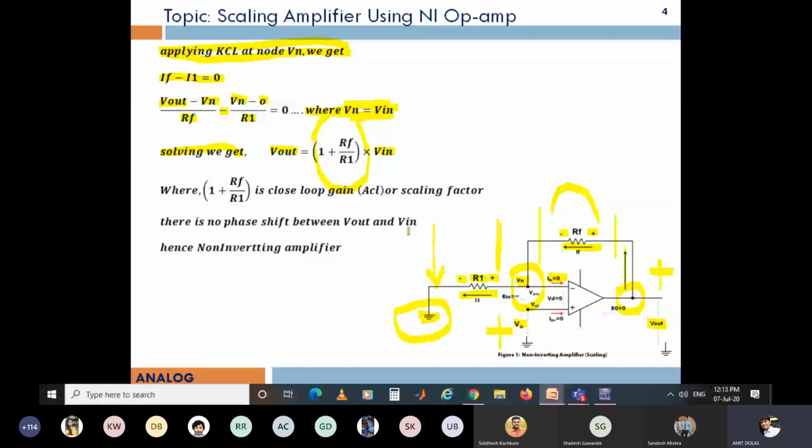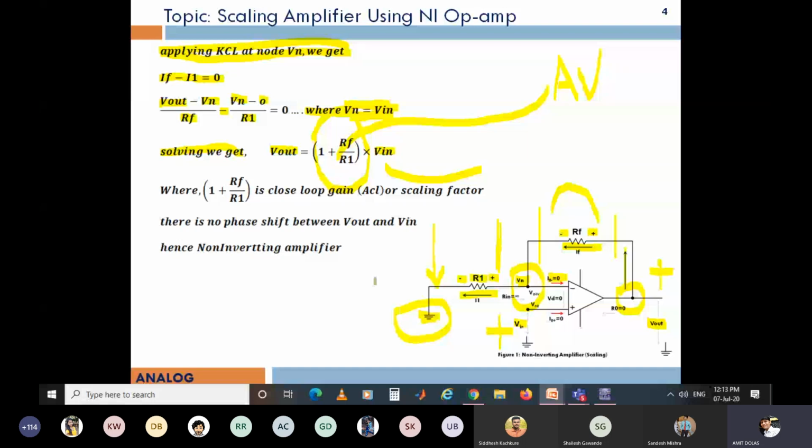So 1 plus Rf upon R1 is nothing but the gain, or it is called the scaling factor. This is the voltage gain AV. So 1 plus Rf upon R1 is voltage gain AV, or it is also referred to as the scaling factor. And this is the input, whatever we are connecting to the non-inverting terminal.